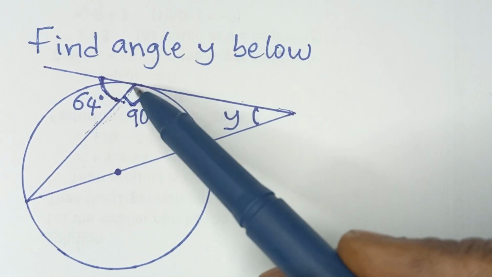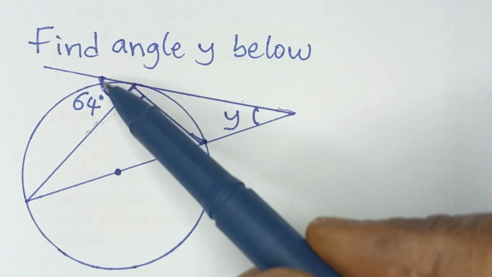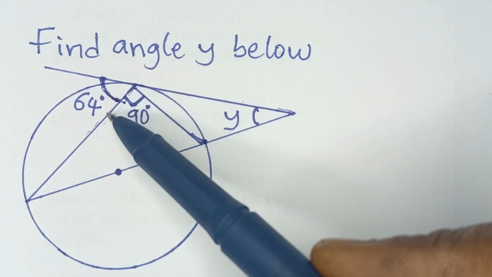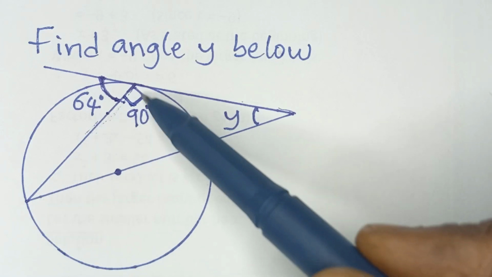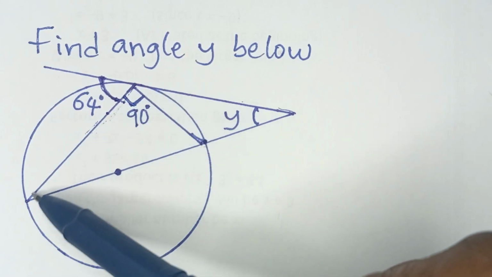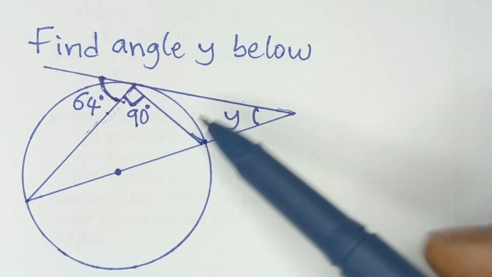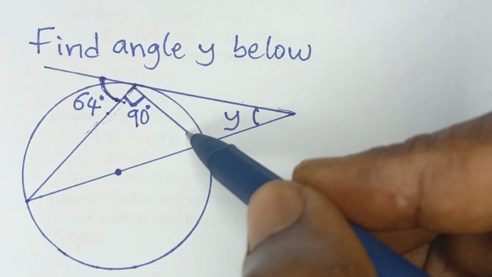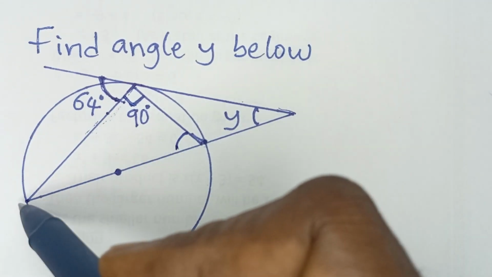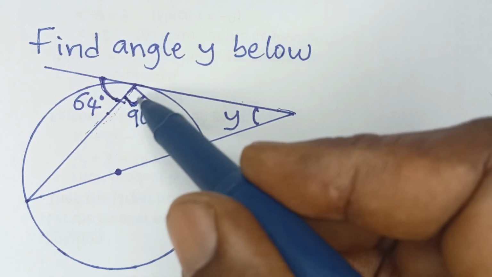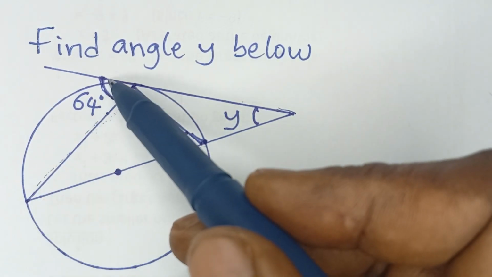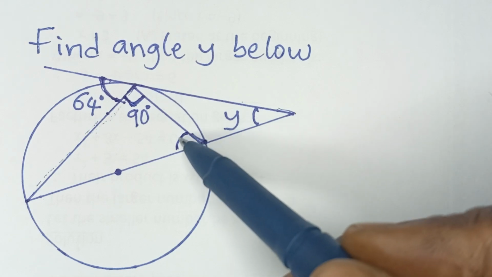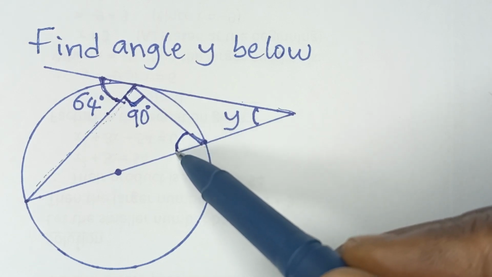So when you have a situation like that where a chord is making an angle with a tangent, now look at the opposite angle to that chord in the triangle. If you look at this chord, the angle it makes inside this triangle is this opposite angle here. Just like this diameter line makes this opposite angle 90, this chord here that is making an angle with the tangent is also making this opposite angle in the triangle.